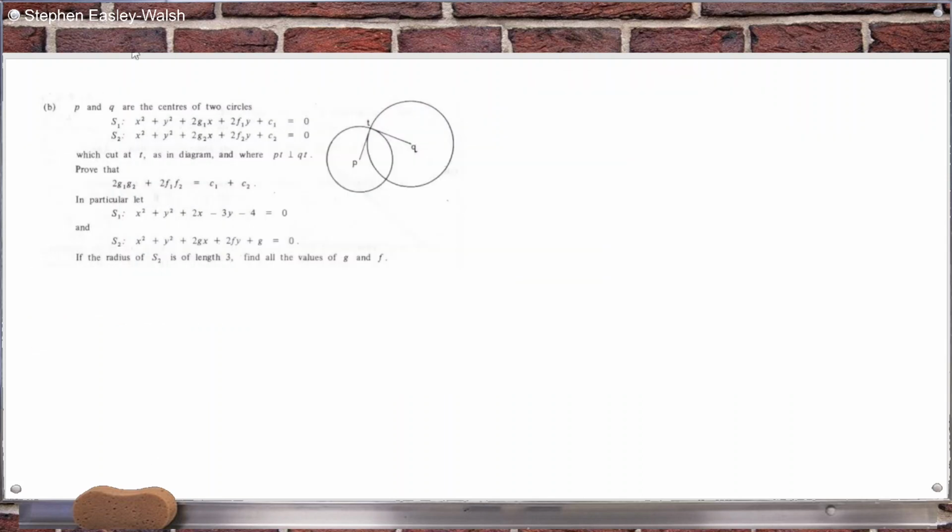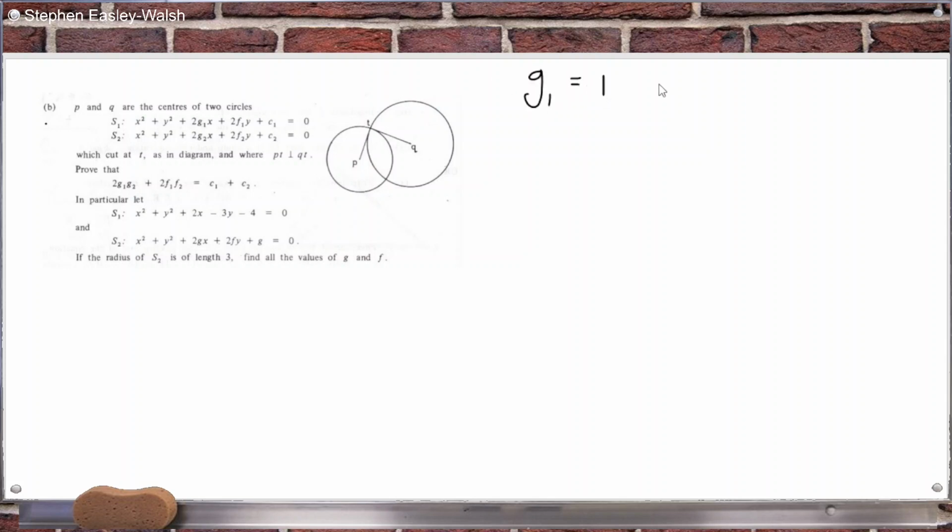Okay, so using our previous equation here, 2G is the one in front of the x's, so 2G1, G2. I'll just write down what G1 is so I don't get confused.